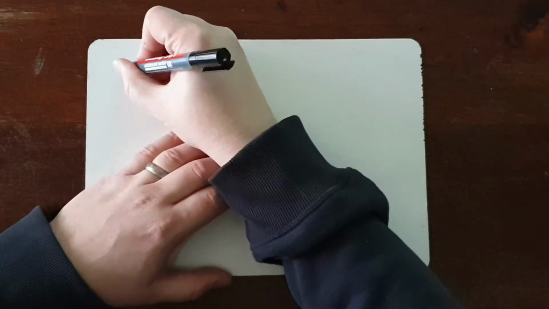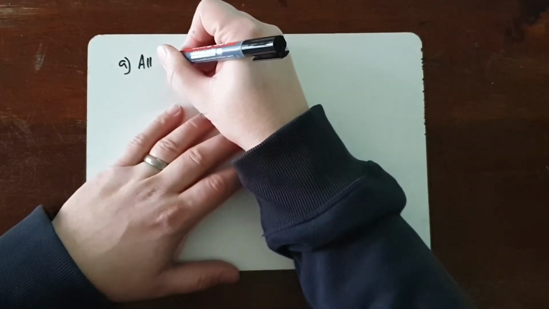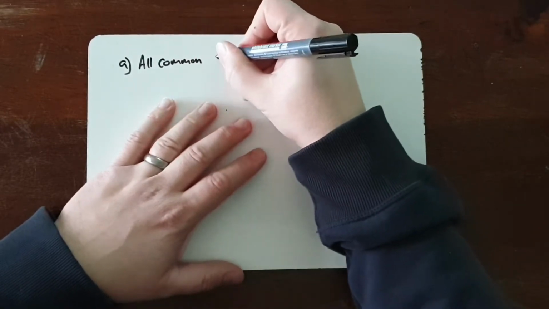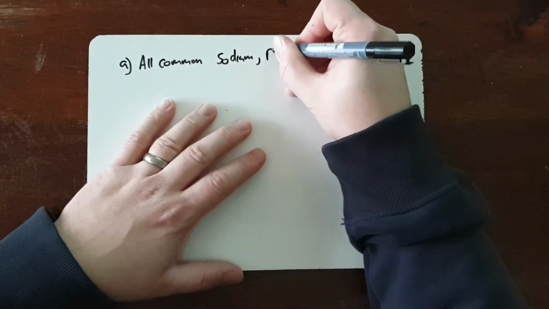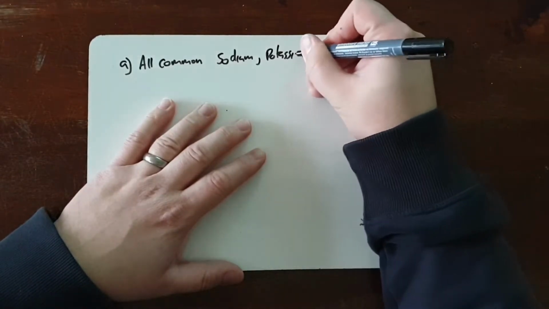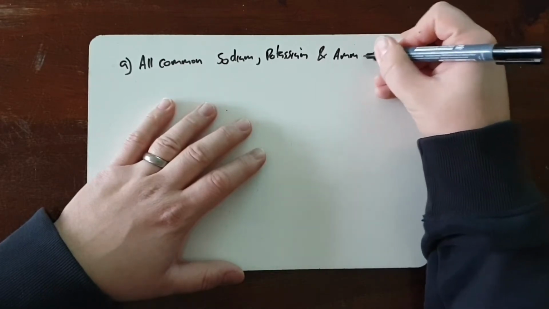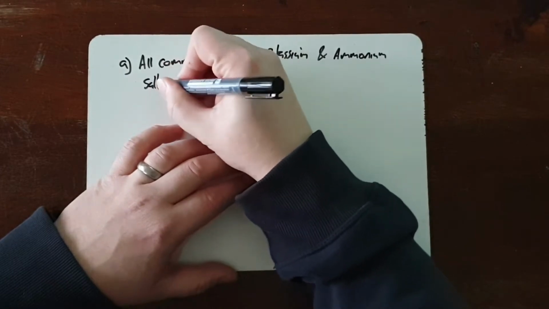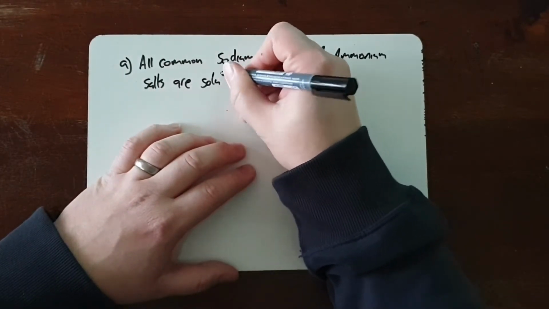So these are the 5 rules. So the first one is that all common sodium, potassium, and ammonium salts are soluble.